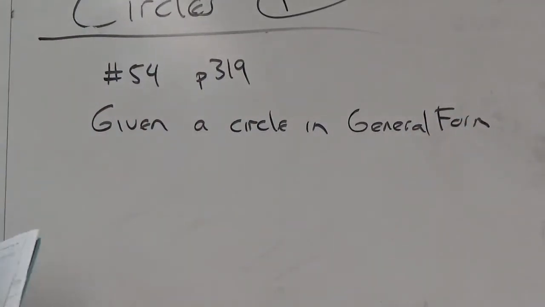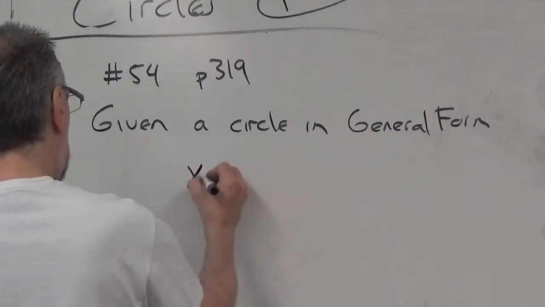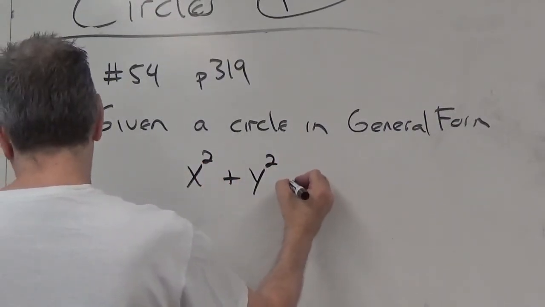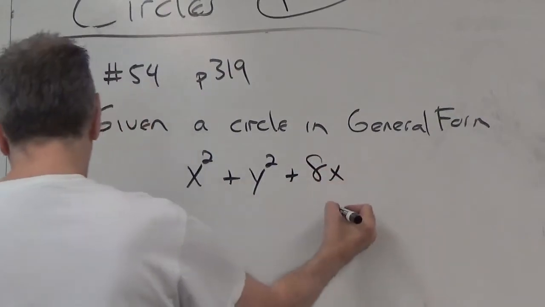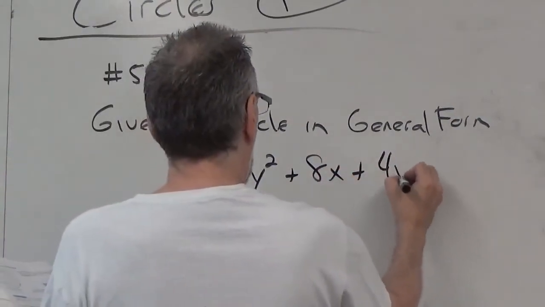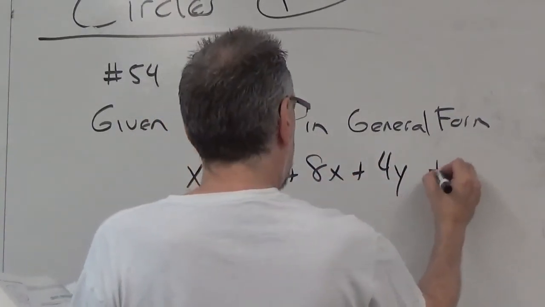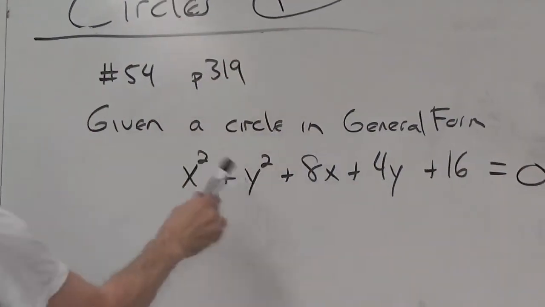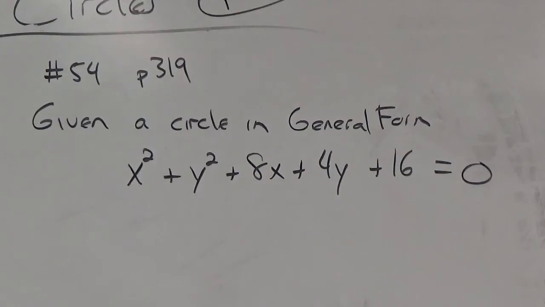And that is, what did I say, number 54, x squared plus y squared plus 8x plus 4y plus 16 equals 0. Okay, this is general form. This is the form on page 317. The question is the same. What is the center and the radius of this circle?